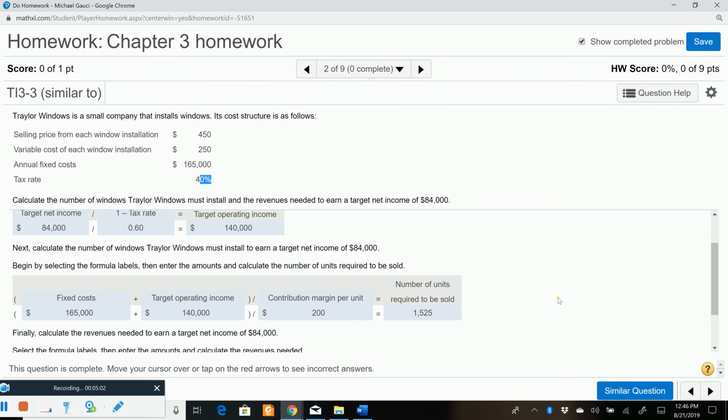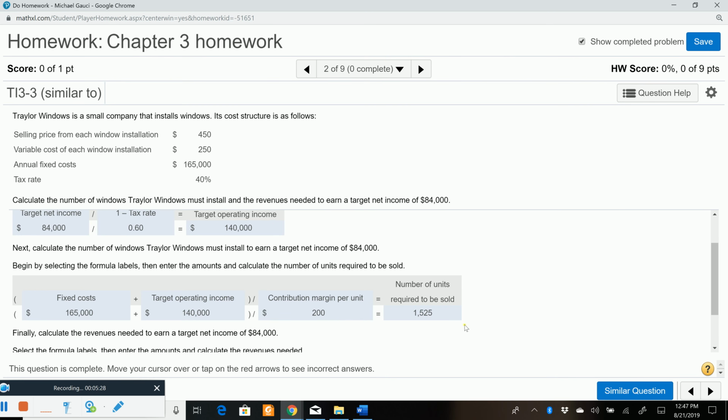From there, we know the formulas. Your numerator is going to be your fixed costs, which was given to us in the problem, 165,000, plus your target operating income, which we just figured out. So if we add those two up, divided by your contribution margin per unit, which is the selling price per unit less the variable cost per unit, 450 minus 250 equals 200.